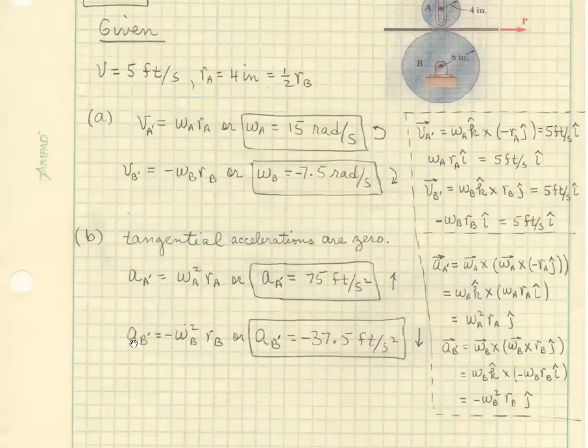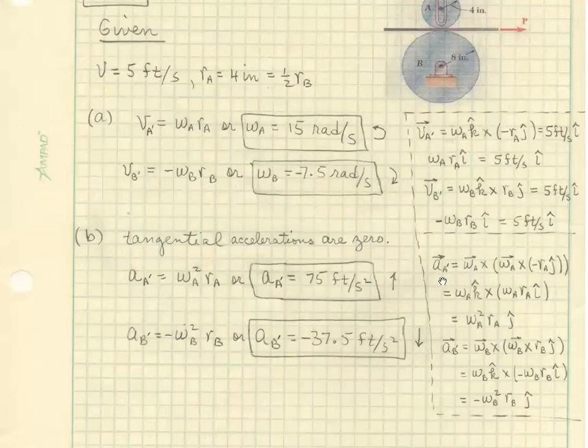And then I've got a relationship here for A sub B prime and omega B squared R sub B with a negative sign. A sub B prime comes out to be a negative 37.5 feet per second squared, and that negative sign indicates that it's downward. Now, where did these equations come from? They come from right over here in this little sidebar. A sub A prime, since it doesn't have any tangential acceleration, is all, remember the expression in general is alpha crossed into R plus omega crossed into omega crossed into R. But my alpha is equal to 0 for these 2 cylinders.